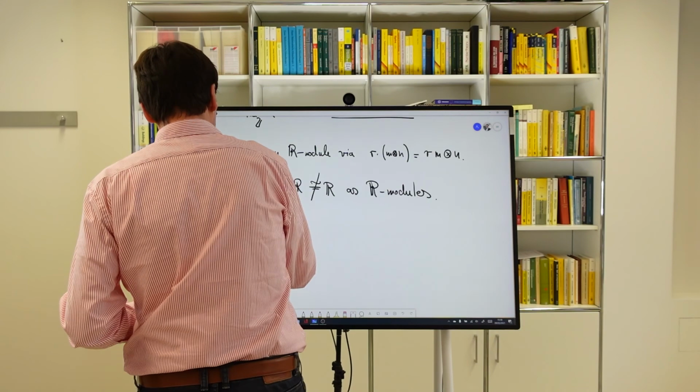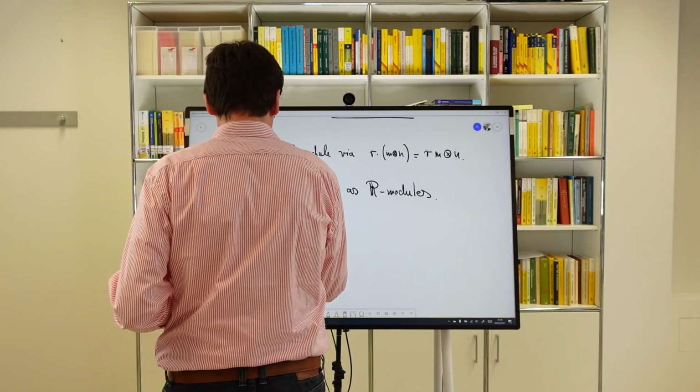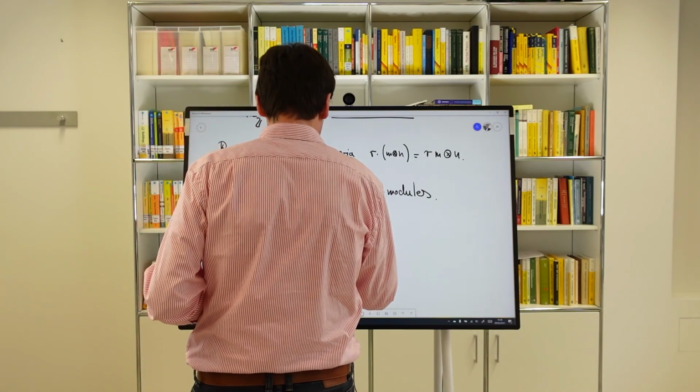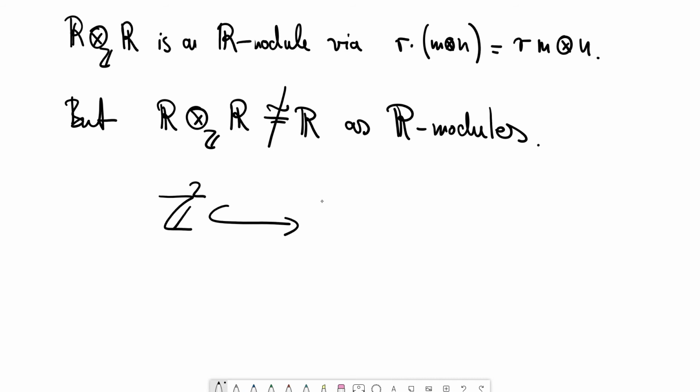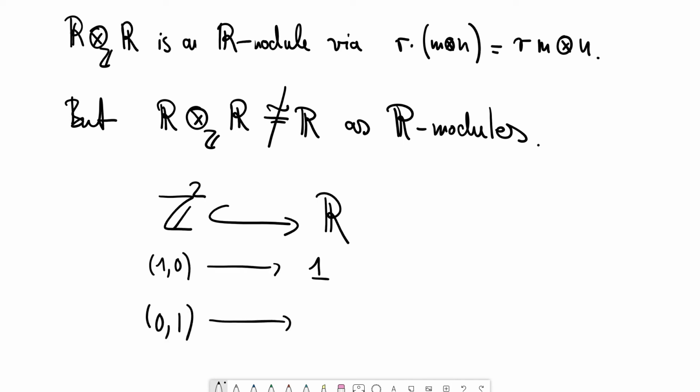One way to do that is to consider the following embedding of Z² into R as Z modules. Just by taking one rational and one irrational element. Exactly. So let's map this to 1, and let's map the other basis vector to the square root of 2. The square root of 2 is actually better.